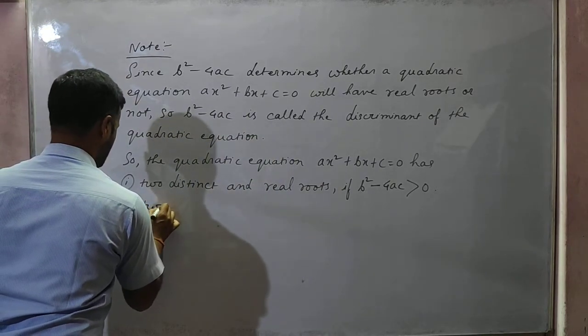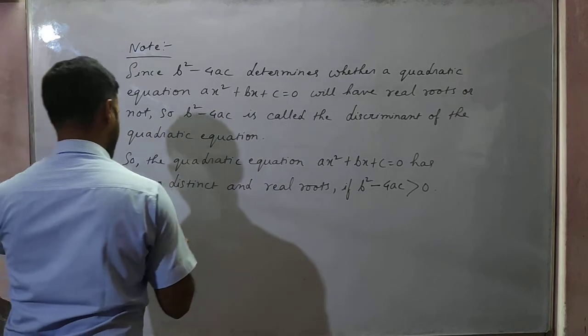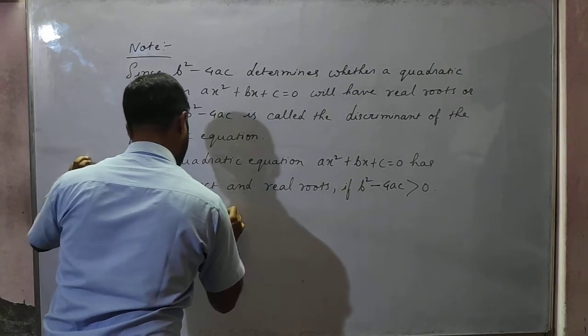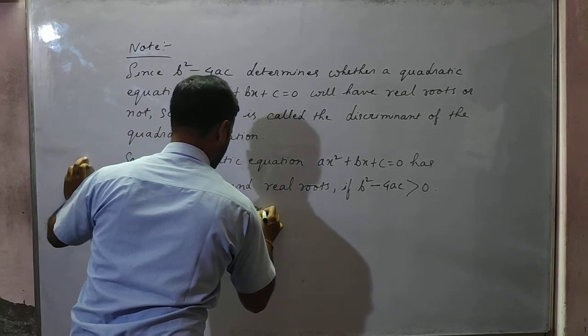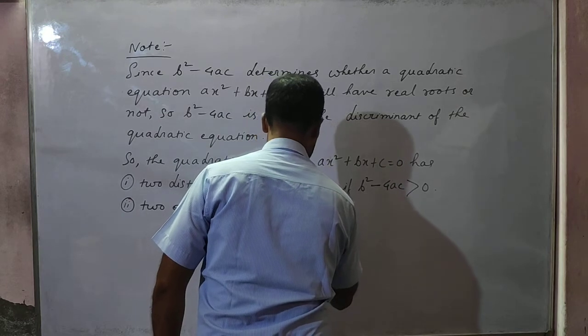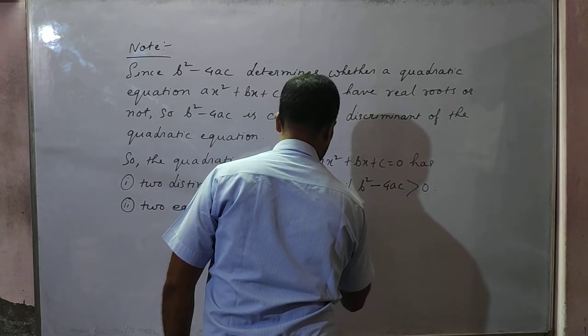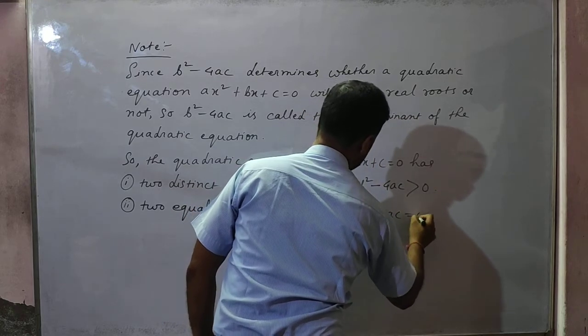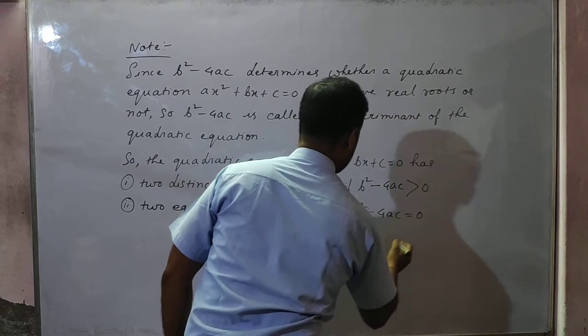Two equal and real roots if b square minus 4ac is equal to 0.